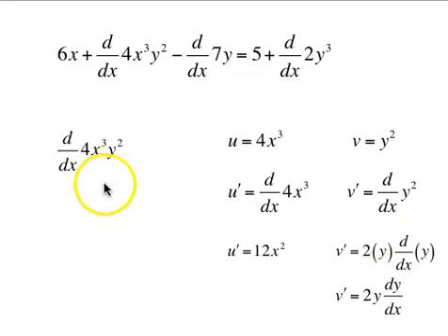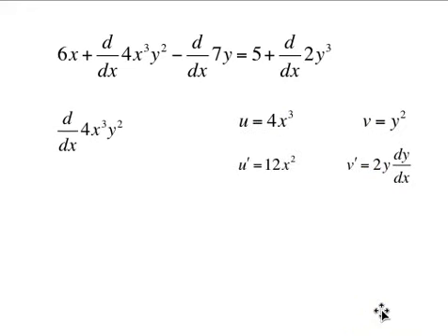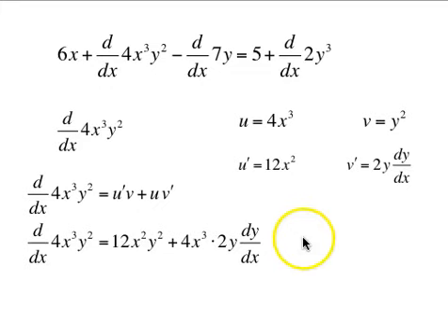So to do this derivative with respect to x of 4x cubed y squared, I need u prime v, 12x squared y squared, plus u v prime, plus 4x cubed times 2y dy/dx. So again, there's our product rule, u prime v plus u v prime. U prime v, 12x squared times y squared, plus u, 4x cubed, v prime, 2y dy/dx.